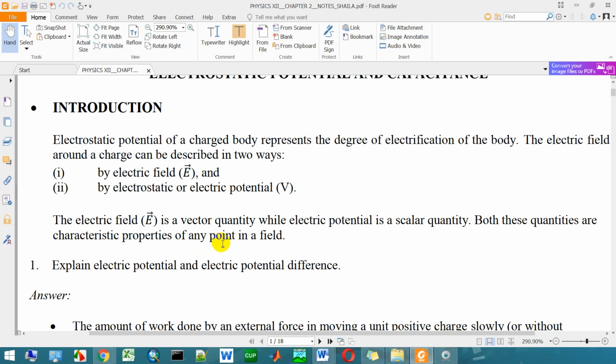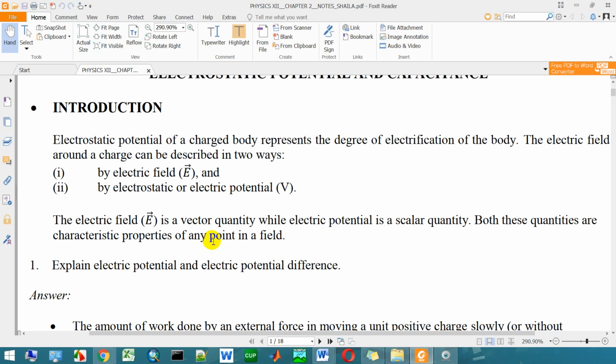Field, force, and electrostatic potential are very similar to the terms that we have learned in gravitation: gravitational field, gravitational force, and gravitational potential.